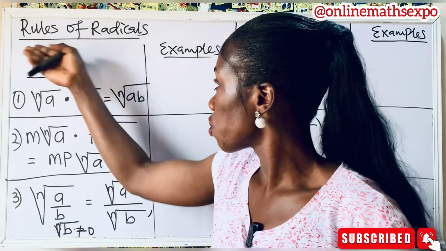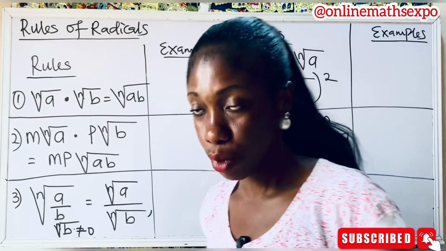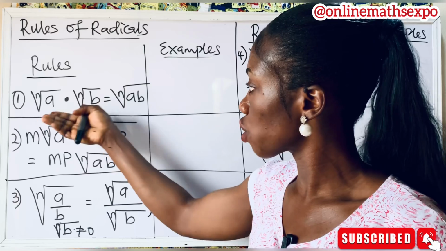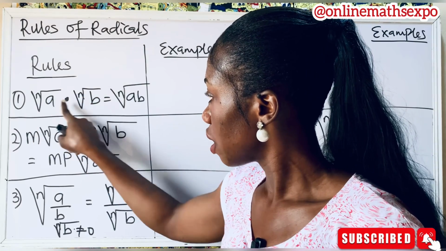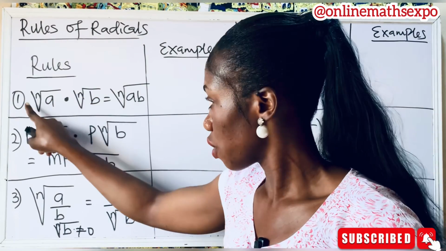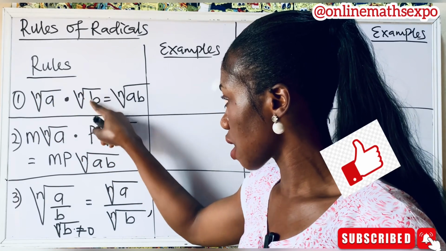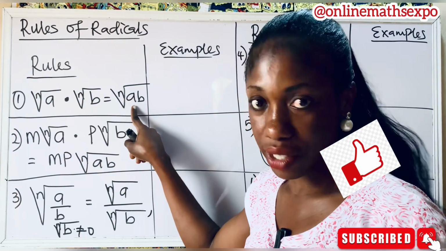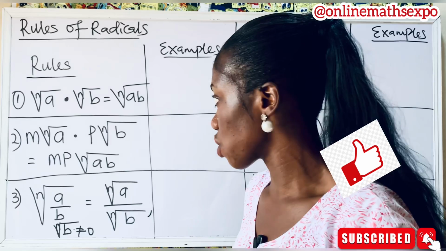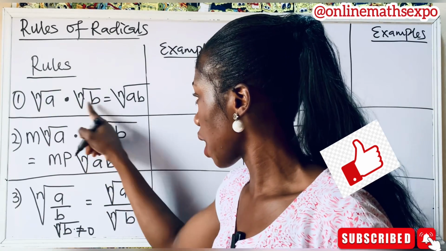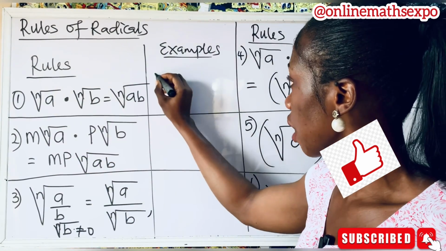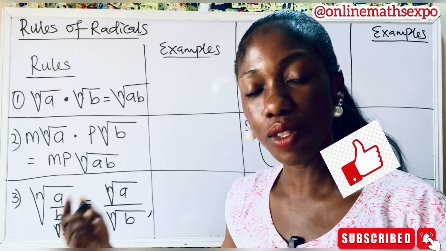Now let's look at some rules of radicals and their examples. So here what this rule says is that when the nth roots are the same, you can multiply the radicands. So you see, in this we multiply this. In the case of examples, we are using square roots.